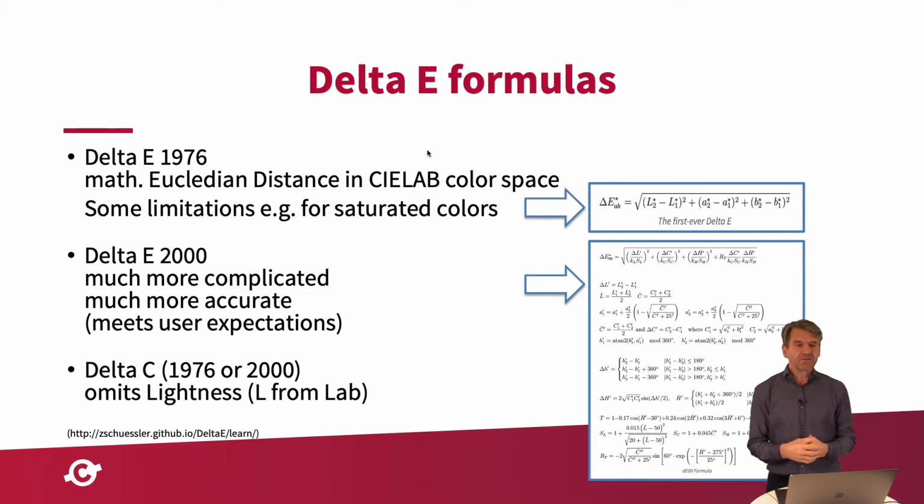And then there is another variant which is called delta C, and C here stands for color, I believe, and all the difference measurements take place in the LAB color space, where L stands for lightness, luminosity, so between dark and white, black and white if you want, and A and B are the colors, and C just ignores the lightness, so it just measures the color distance and ignores the lightness or the luminosity.